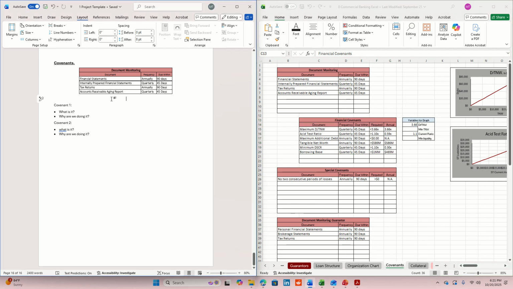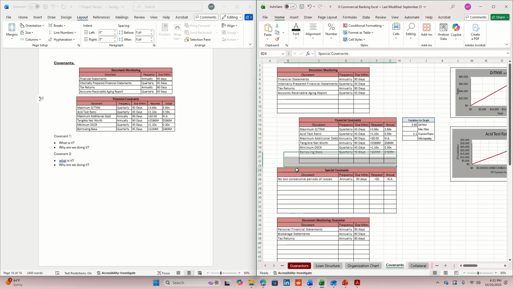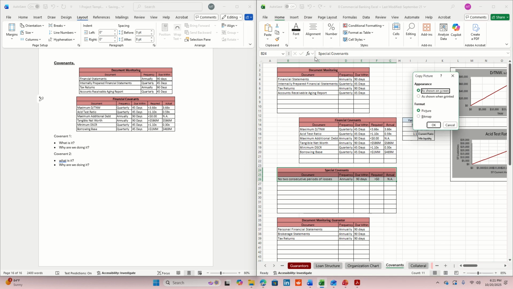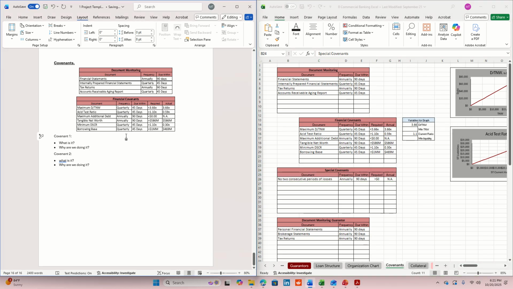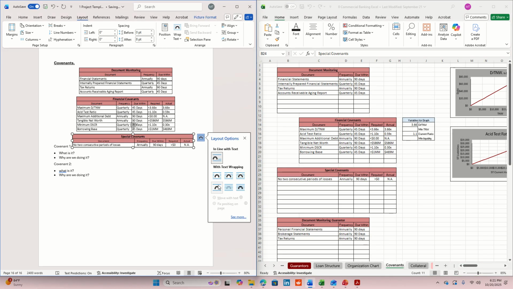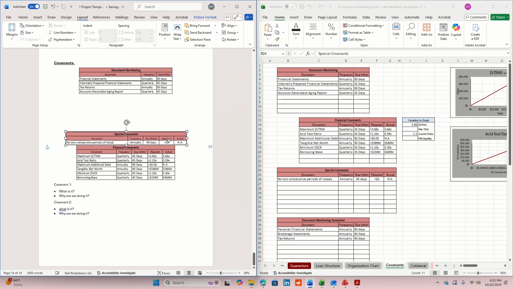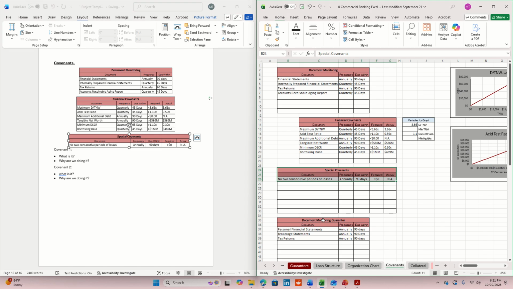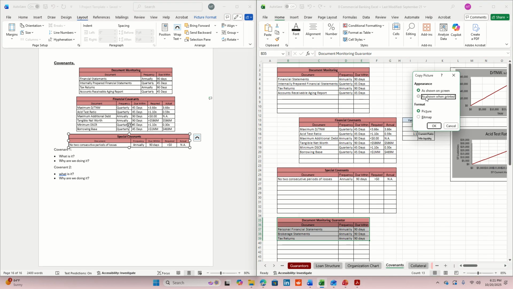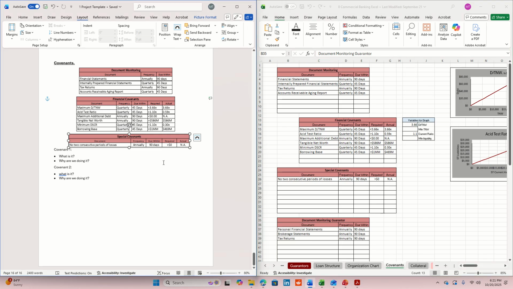We're going to move this chart right here. We're going to move this chart. Then we're going to come right here. And we're going to move this chart.